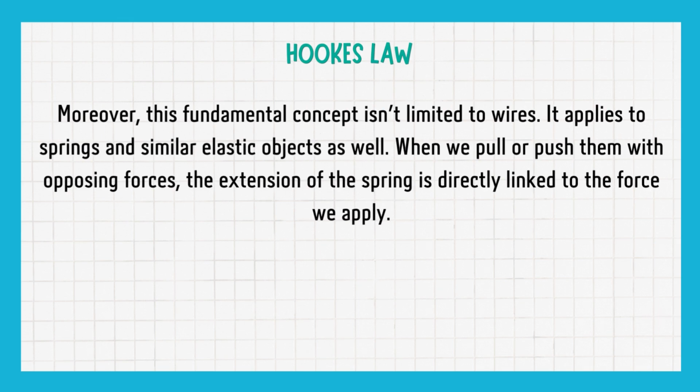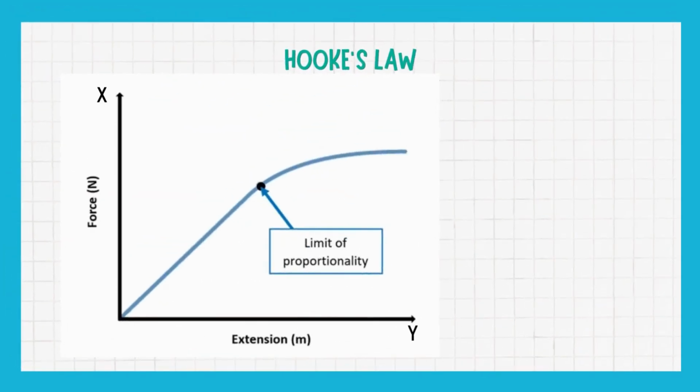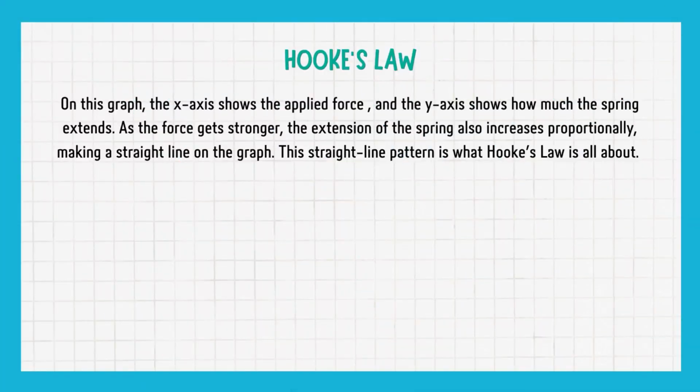When we pull or push them with opposing forces, the extension of the spring is directly linked to the force we apply. On this graph, the x-axis shows the applied force in newtons, and the y-axis shows how much the spring extends in meters.